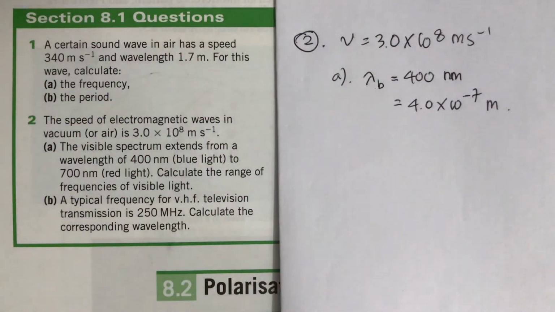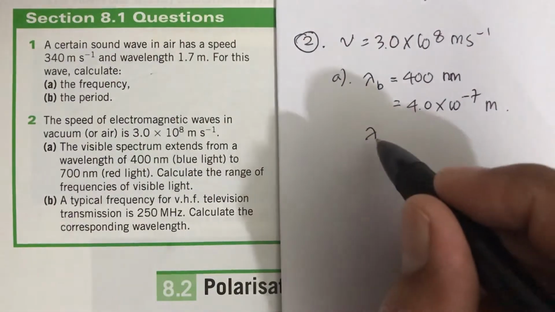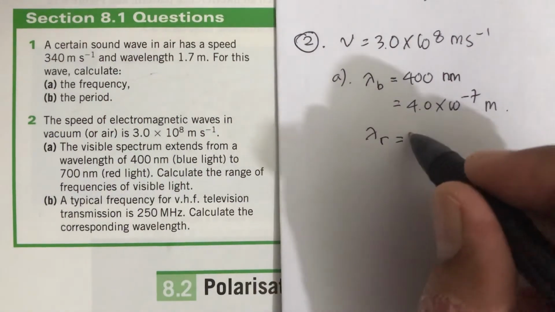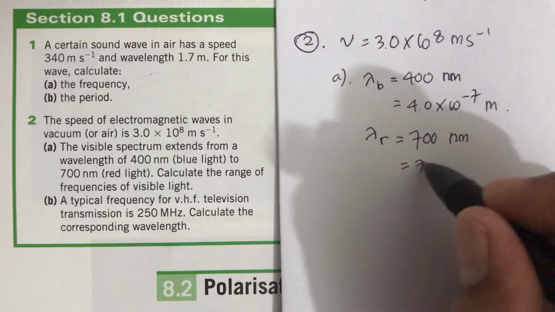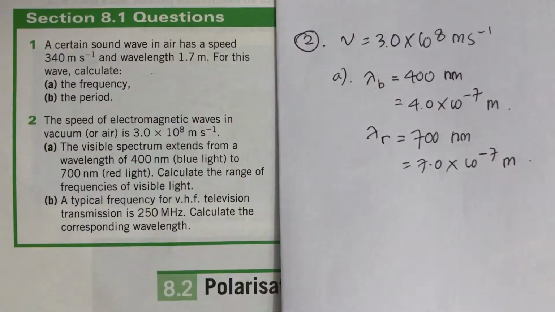Why? Because a nanometer is 10 to the power minus 9. Also, lambda of red light is 700 nanometers, which is the same as 7.0 times 10^-7 meters.